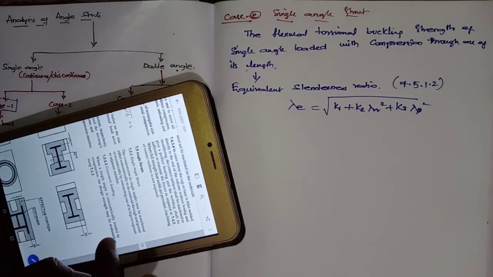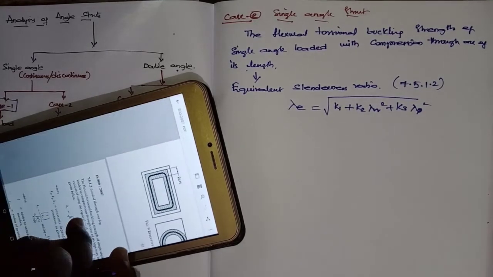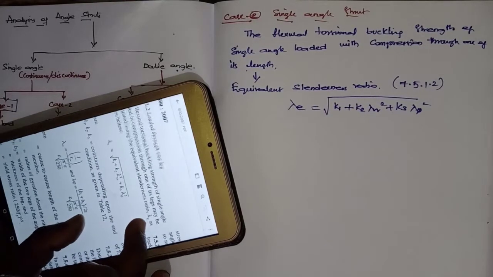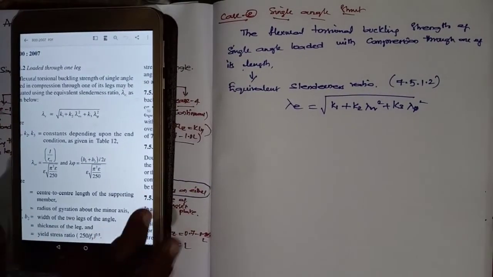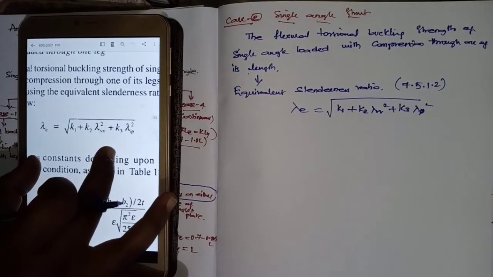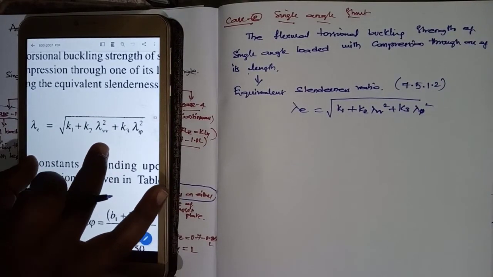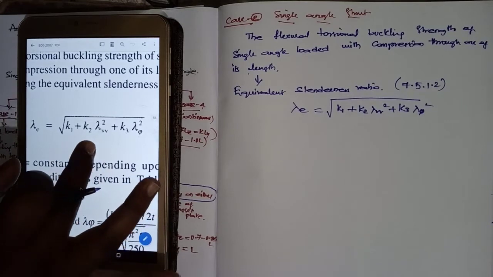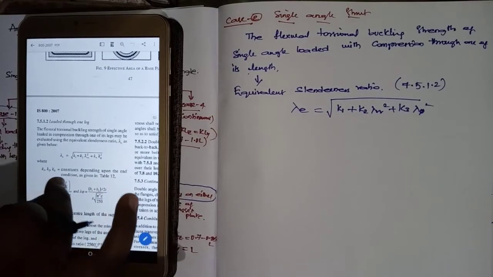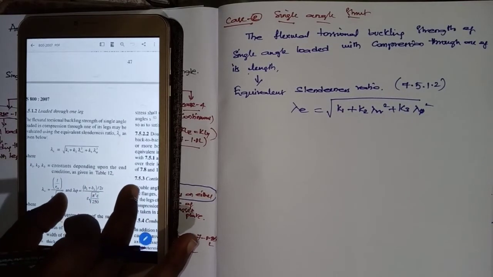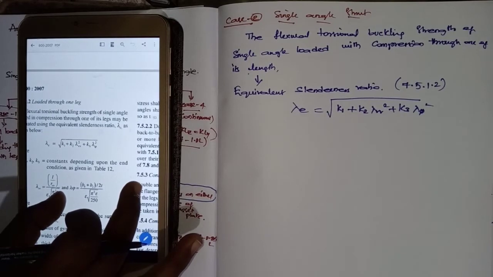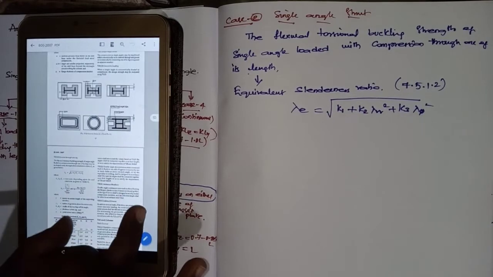Single angle is considered loaded in compression, loaded through one leg. Lambda equals under root of K1 plus K2 into lambda Vb square plus K3 into lambda phi square. Now K1, K2, K3 depend upon the end conditions you will be calculating. I will show you.